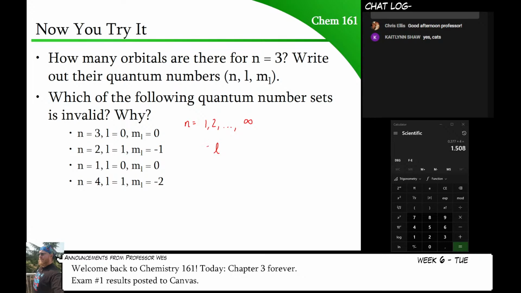L can be any integer from 0 to n minus 1. And m sub l, we said, was any integer from negative L to positive L. And so these are all integers.